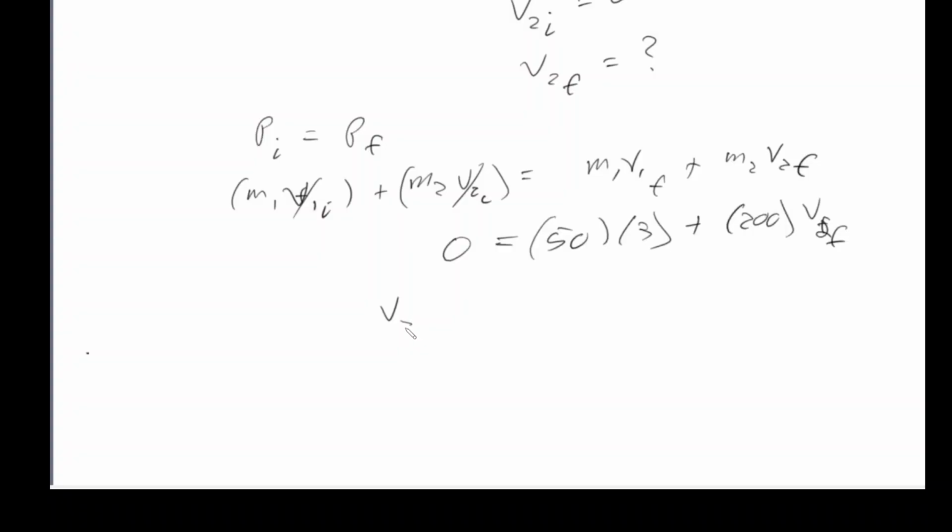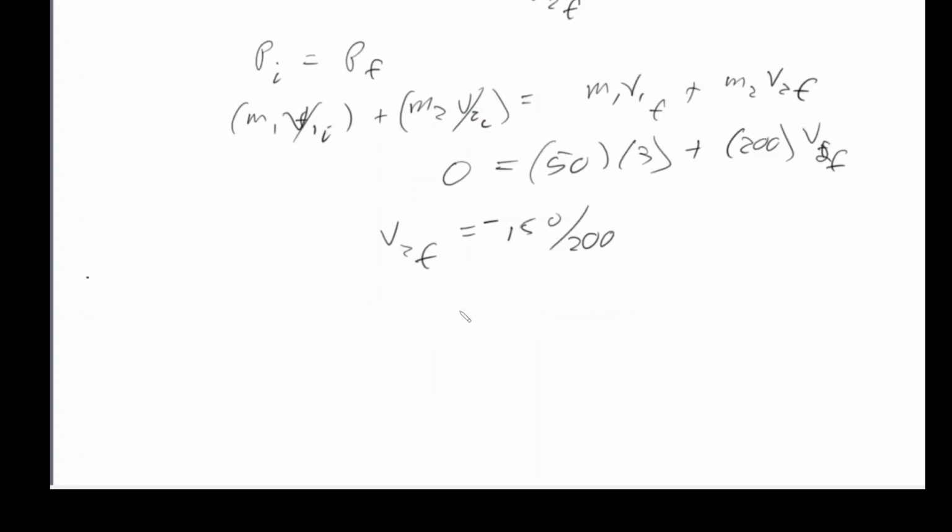Or v2 final comes out to be 150 over 200 with a minus in there, or minus 0.75 meters per second, and that's in the opposite direction that the boy is walking.